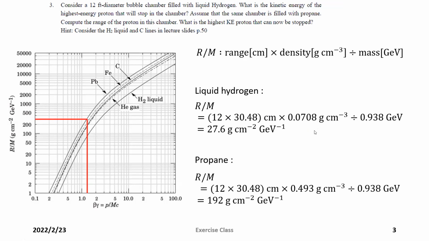You can just search on the website. The density for liquid hydrogen is this, and the density for propane is like this. And lastly is the mass of the particles, so we just substitute the mass of the proton. And so we can get the value of R over m.